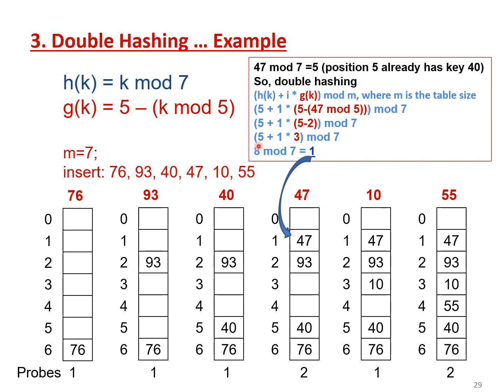Now 5 plus 1 into 3, so 5 plus 3, it is 8 mod 7, which gives the remainder 1. So in location 1, we will insert the value 47. Now you can calculate the locations for the remaining values 10 and 55 yourself.